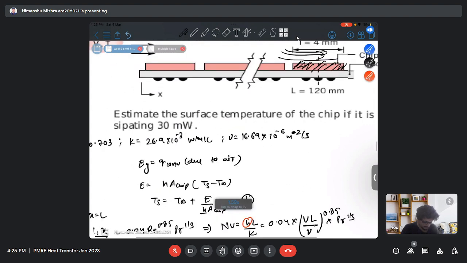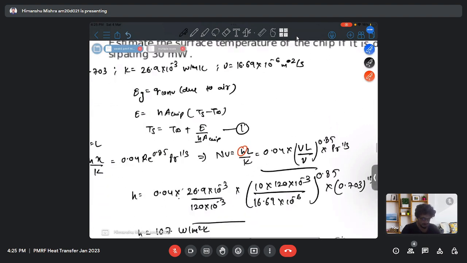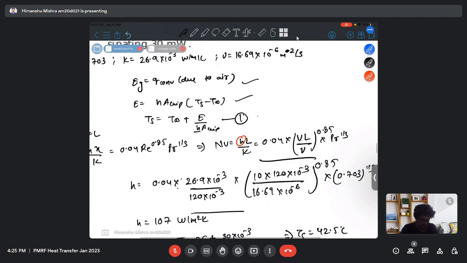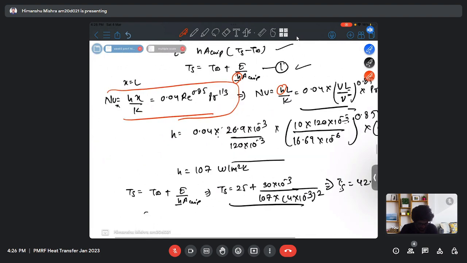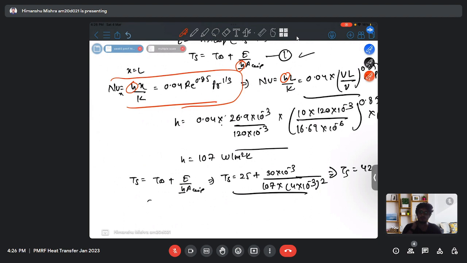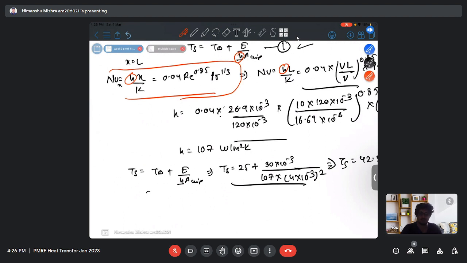So to determine the surface temperature, we just use a simple energy balance and Newton's law of cooling, but we need the heat transfer coefficient, which is unknown, and we are given the Nusselt number expression. So from the Nusselt number expression, we can find the heat transfer coefficient, and once we have it, we can find either the heat flux or the surface temperature, whichever is unknown.